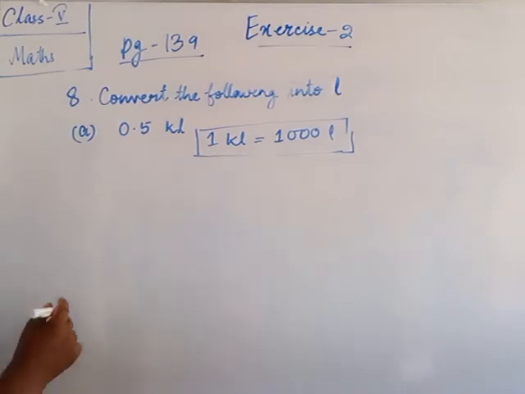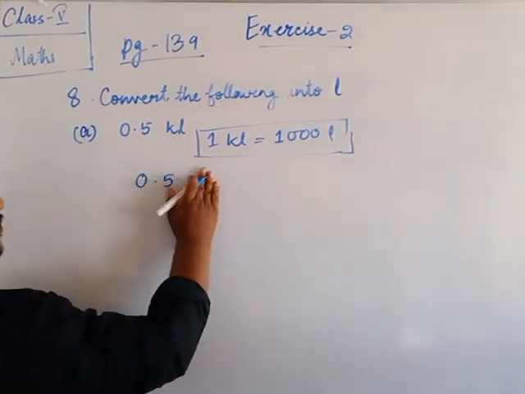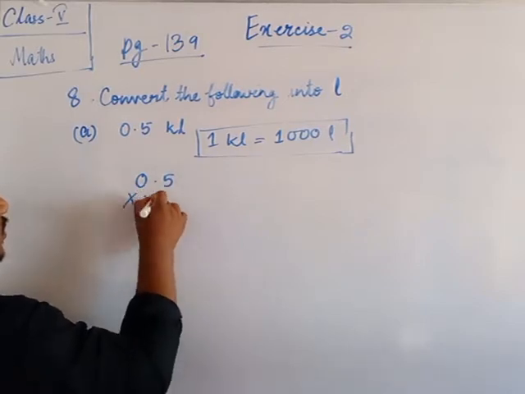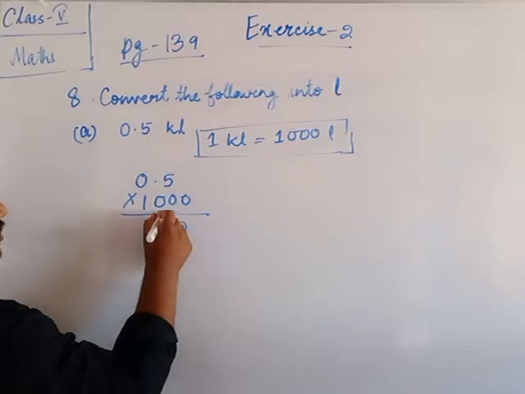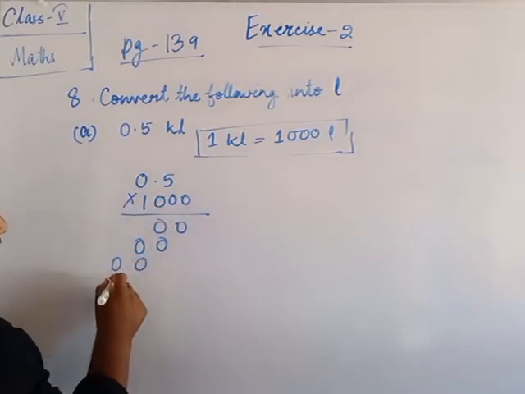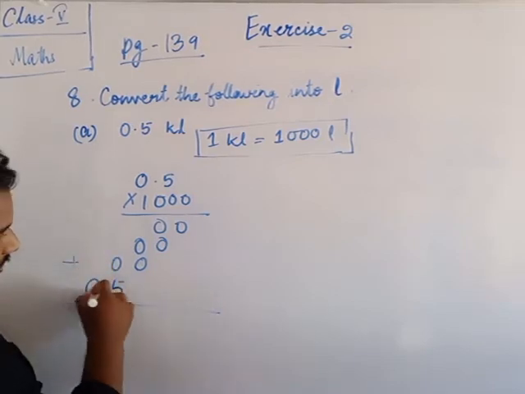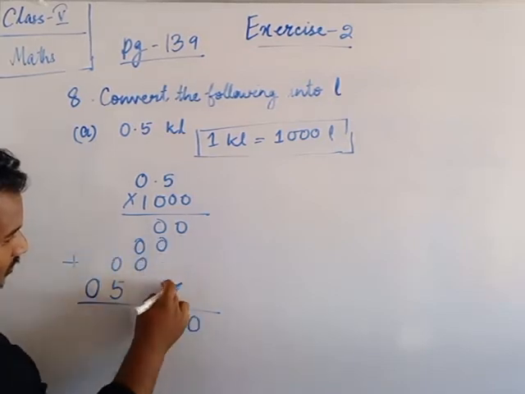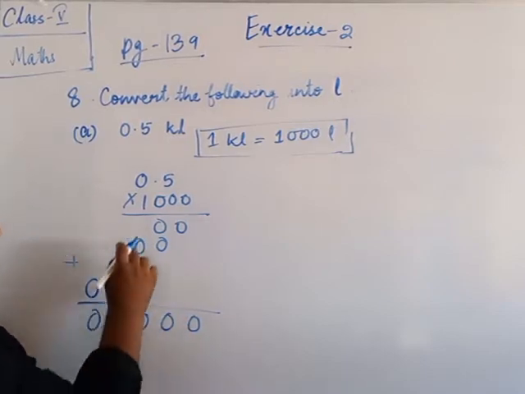So what we will do, 0.5 kiloliter, 0.5 into 1000. 0 5 is 0, 0 0 is 0, 0 5 is 0, 0 0 is 0, 0 5 is 0, 0 0 1 is 0, 0 plus 0 0 0 5 0.